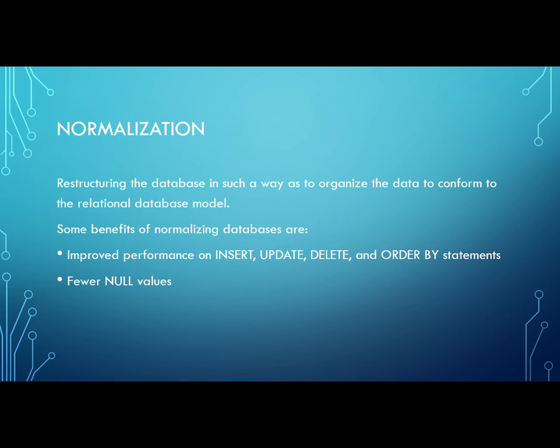Not only that, but there are fewer null values. You really don't want to have that many null values in your database. Perhaps you may design your database to include a bunch, but if you can try to limit the number of null values that you have, that's always beneficial. And then not only that, there's less opportunity for inconsistencies.